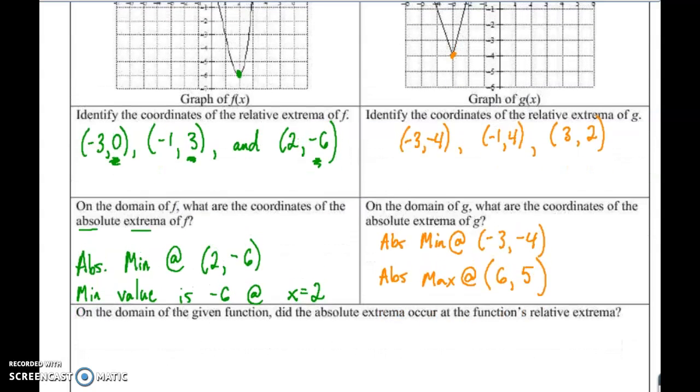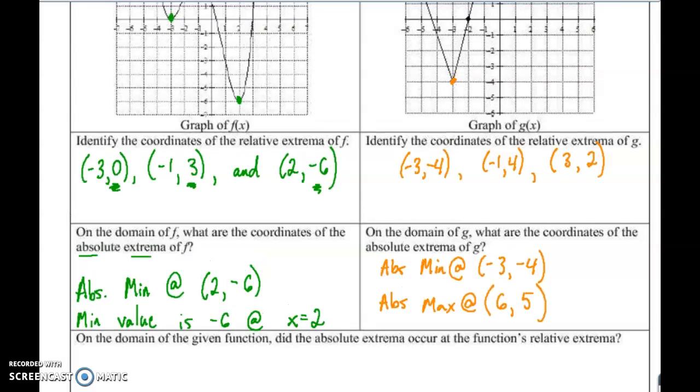So the premise we're getting at is that sometimes the relative extrema could also be the absolute extrema. And in the same concept, we might not even have absolute extrema, as in the case of f of x over here.